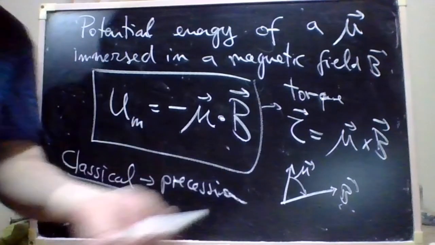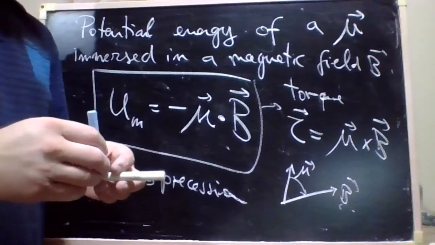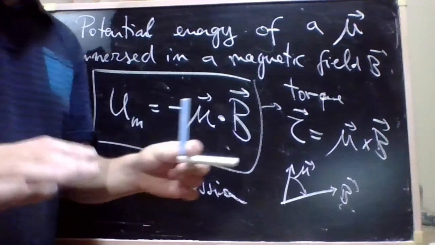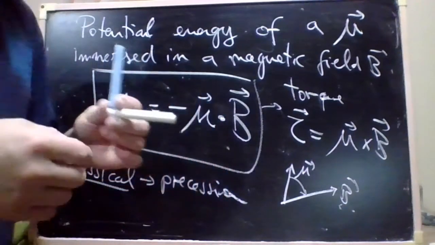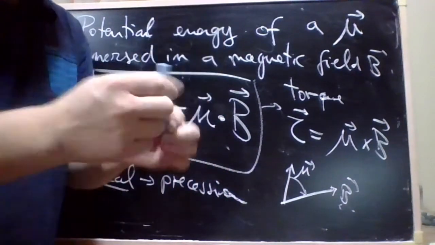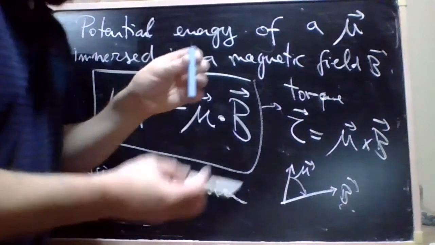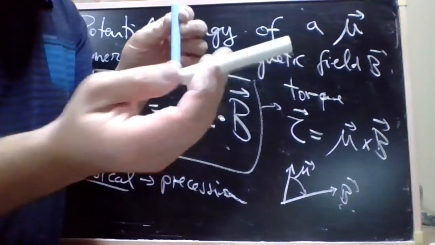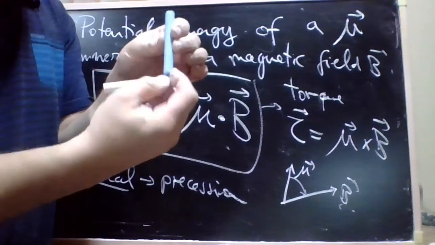But when you have a lossless system, you can do that in some situations, at least approximately for some time scale, and you have a magnetic field pointing upwards, say, and a dipole, your needle, perpendicular to the field, it will rotate.